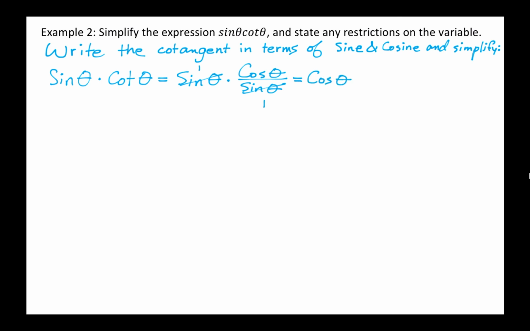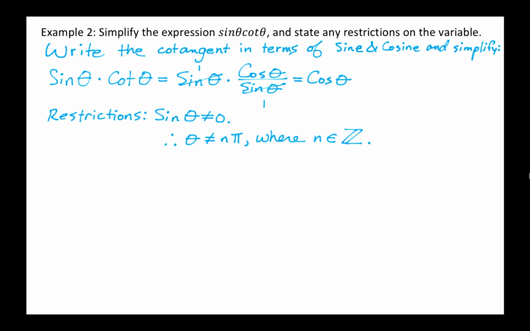And this is the simplified version. So this is true for all theta. However, there are restrictions. And the restrictions are that sine theta is not allowed to be equal to 0. So we know that sine theta is going to be equal to 0 at multiples of pi, or integer multiples of pi.